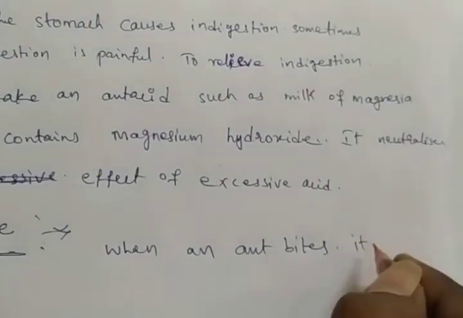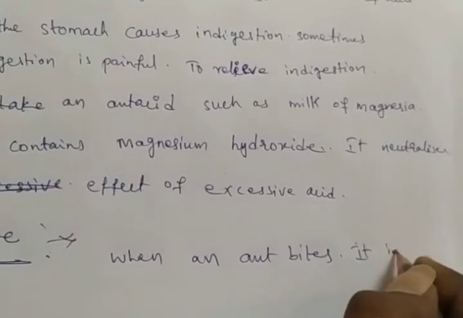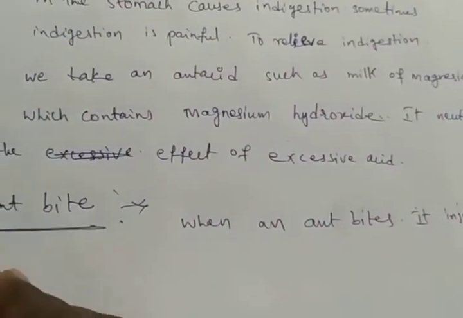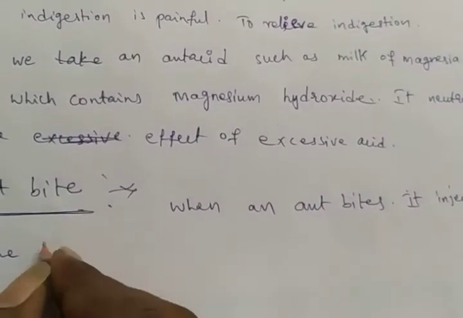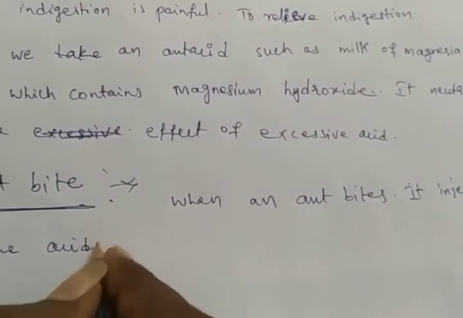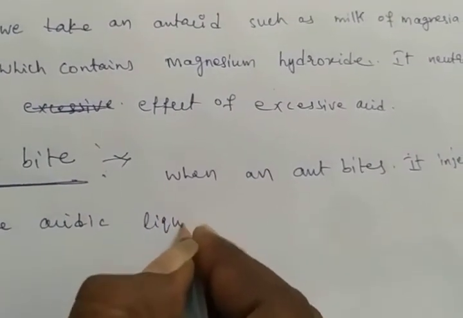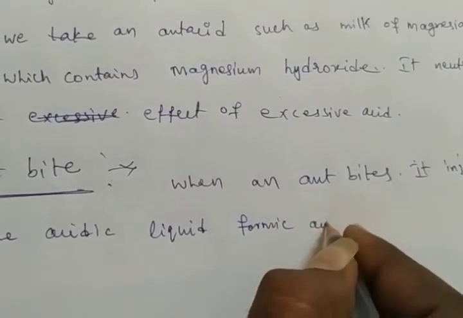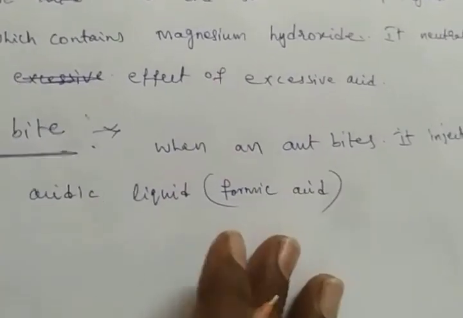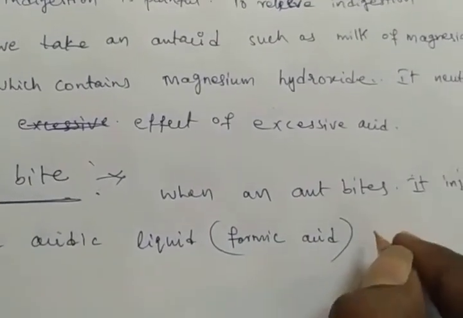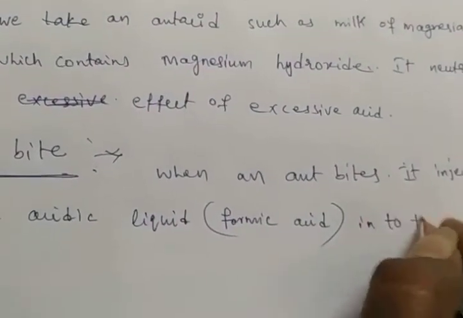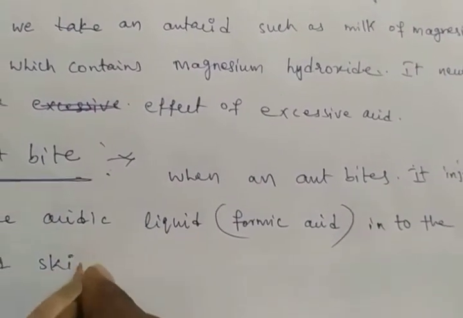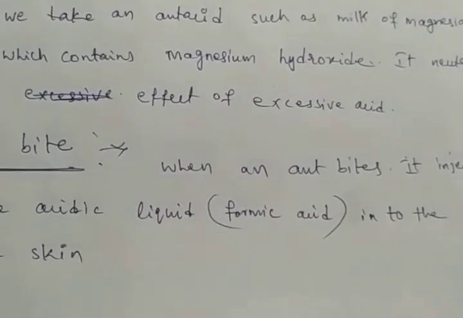So when an ant bites, it injects an acidic liquid. Which acid? Acidic liquid, that is formic acid, into our body or skin.